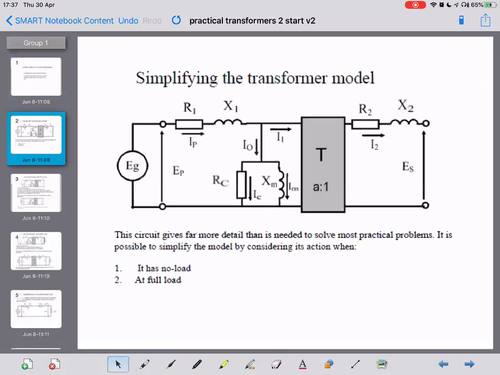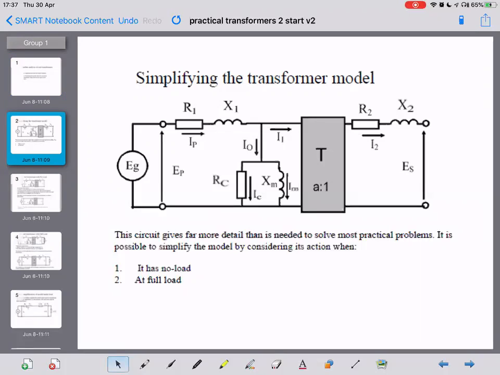So we're going to look at simplifying the transformer model, as I said. Now, what we've got in the diagram here is the full transformer model. So it's got its R1 and X1 as the two series components representing the resistance of the windings and the leakage flux in the primary winding.